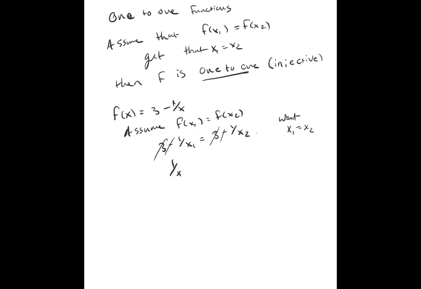So we have 1 over x1 equals 1 over x2, which tells us that x2 over x1 equals 1, which in turn gives us that x2 equals x1, which is what we wanted. So we can now conclude that f is 1-to-1.